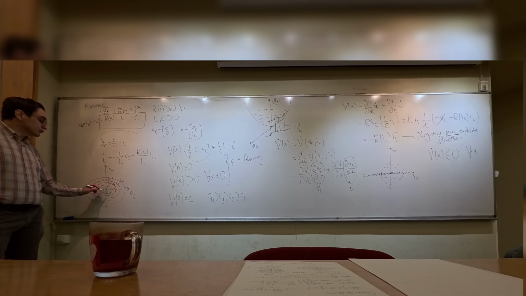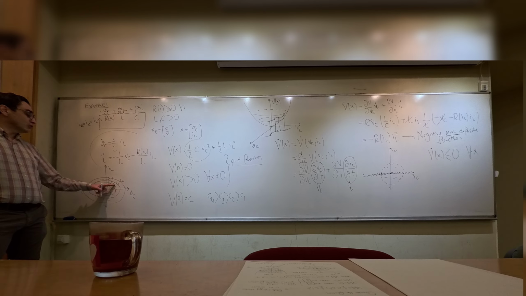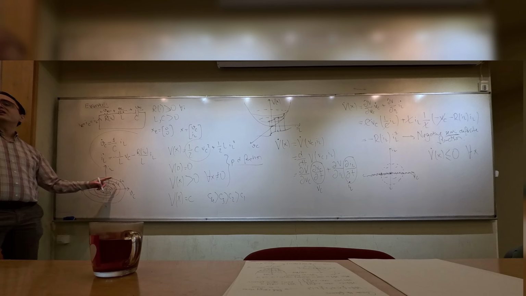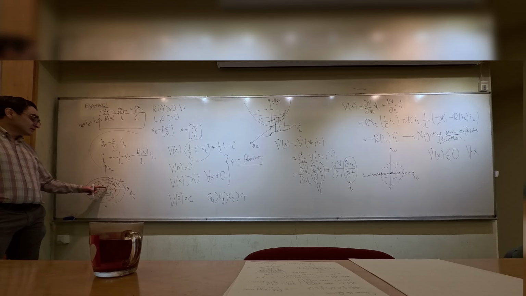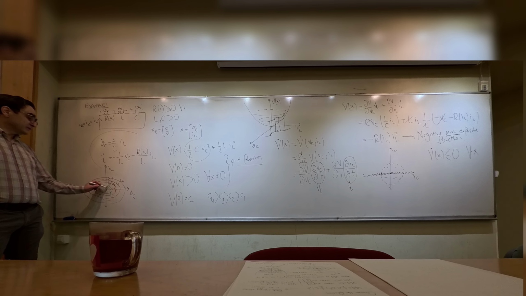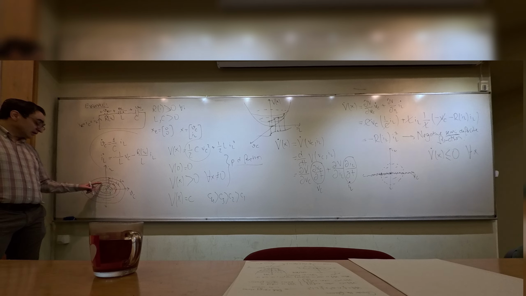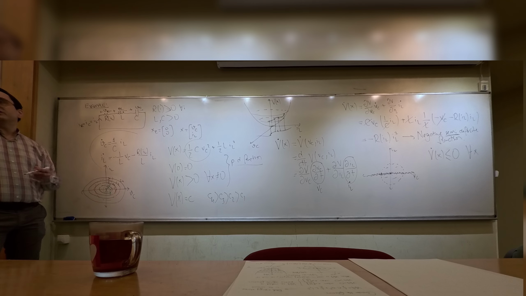So here I can choose my delta ball as this green ball, and to show that the trajectories will never leave the epsilon ball, when I start a trajectory somewhere in this delta ball, the trajectory will never be able to cross this level curve that is encircling this delta ball, because if it goes outside the level curve, that is going to mean that V dot is going to be positive somewhere on that trajectory.